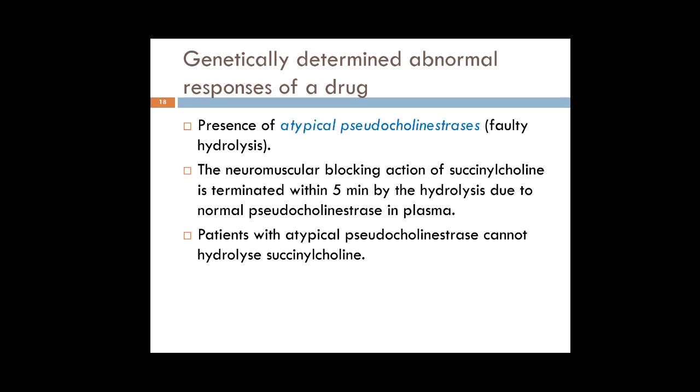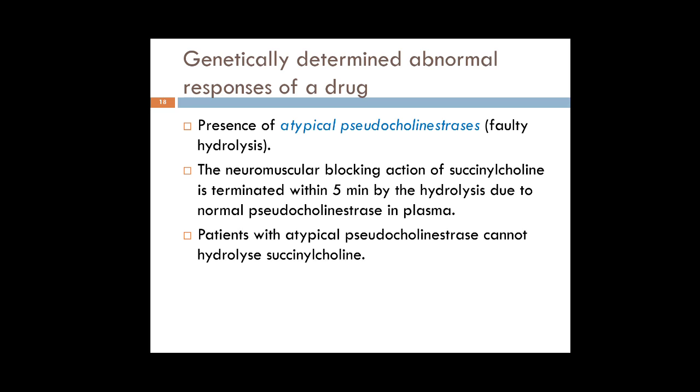True cholinesterases are present at the synaptic junction, but pseudocholinesterases are present inside the plasma. So when there is atypical pseudocholinesterase, it will not metabolize the drug called succinylcholine, which is quite similar to acetylcholine in its structure.